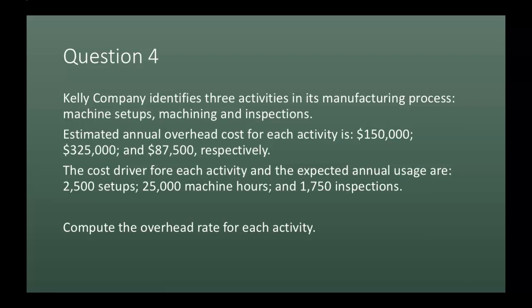The cost driver for each activity and the expected annual usage are 2,500 setups, 25,000 machine hours, and 1,750 inspections. We need to compute the overhead rate for each activity.